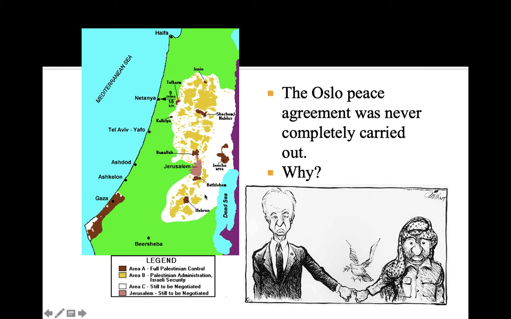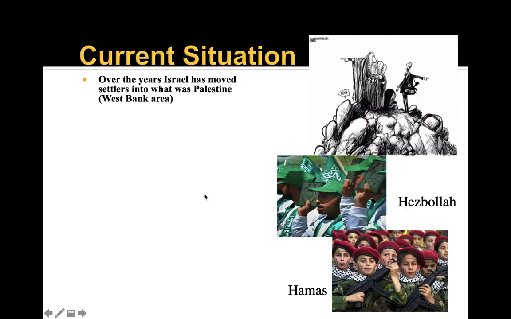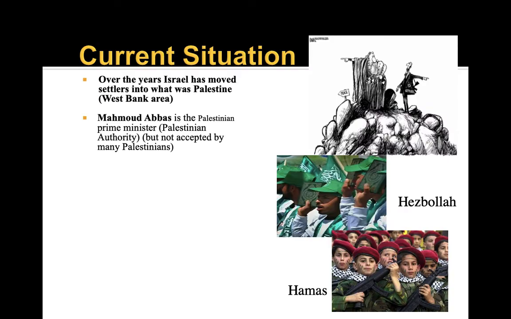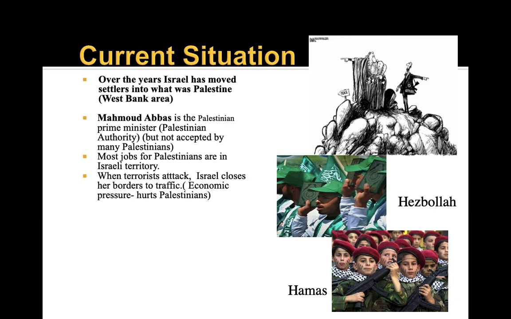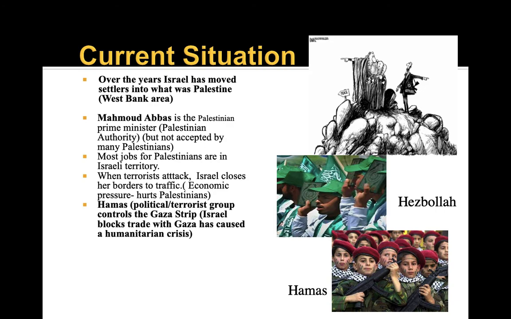But the problem is that there was conflict that immediately began to take place. The leader of Israel, a man named Yitzhak Rabin, at that time their prime minister, was assassinated right after that peace treaty, not by Palestinians, but actually by an Israeli Jewish extremist who thought the peace treaty went too far.